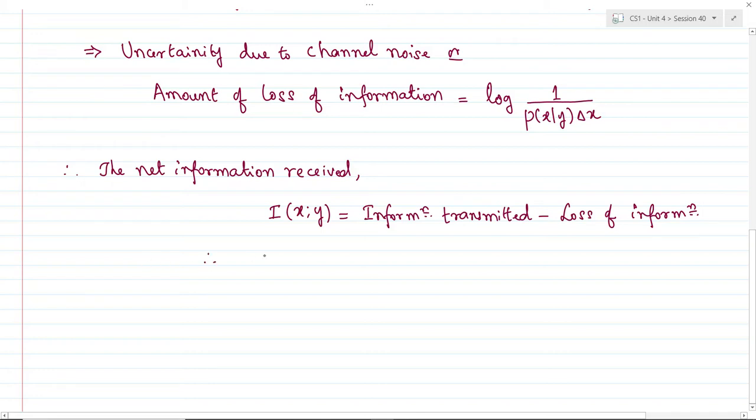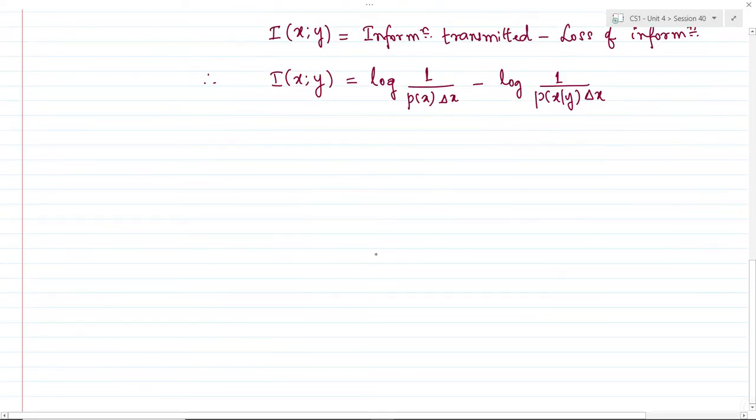So this implies the net information received can be written as logarithmic of 1 over p of x times delta x minus logarithmic of 1 over p of x given y times delta x, which can be rewritten as I of xy equals log of probability density x given y over probability of x.